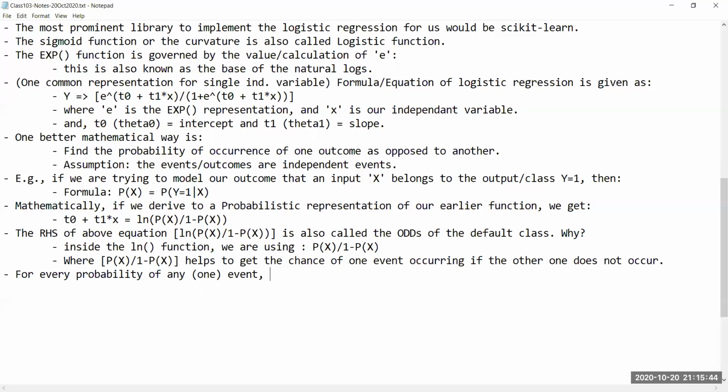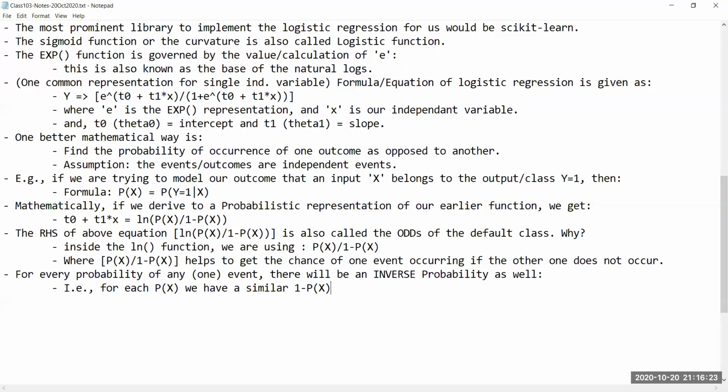So for every probability of any one event, there will be an inverse probability as well, right? So for each p of x, we have a similar probability 1 minus p of x, right?